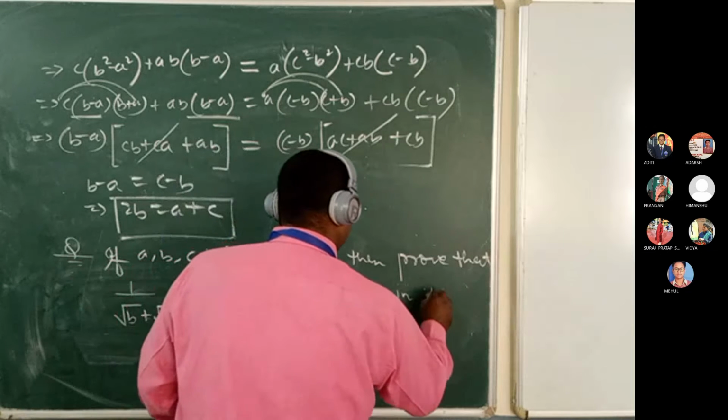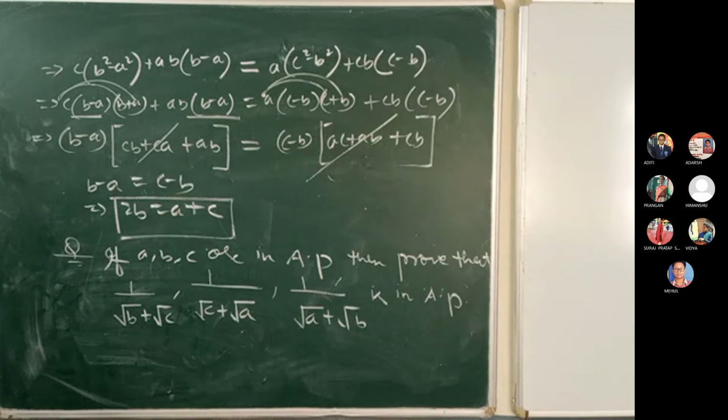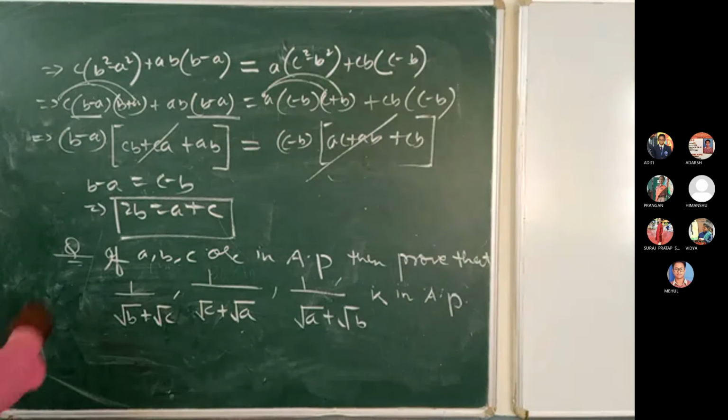Prove that if A, B, C are in AP, then 1 by root B plus root C, 1 by root C plus root A, 1 by root A plus root B are in AP. Can we solve this question?